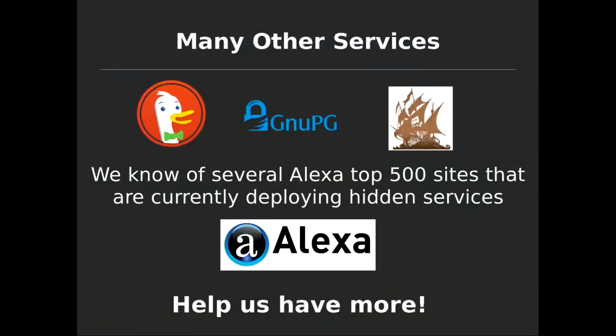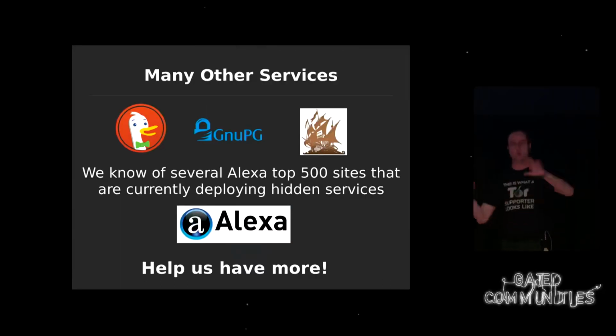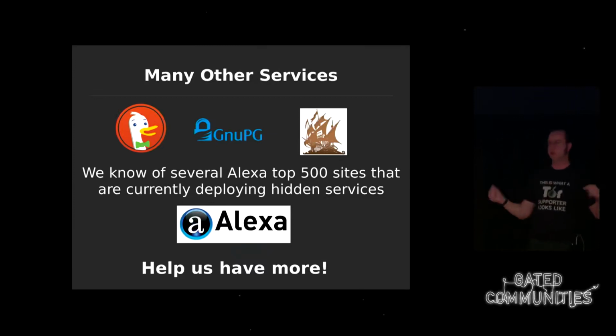Before I get to the next one, let me re-emphasize the point that George was making about Ricochet. Ricochet is an alternate chat program where every user is their own onion service, and you talk from one onion service to the other. You don't have to know where the person is or necessarily even who the person is.